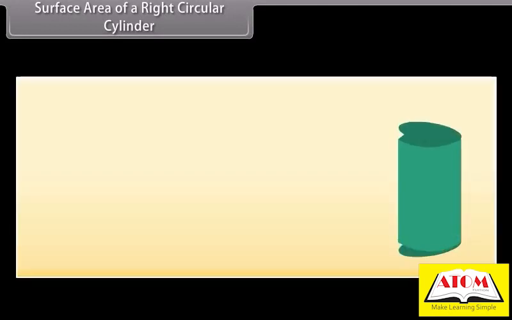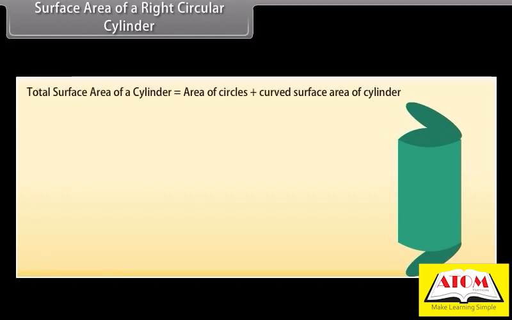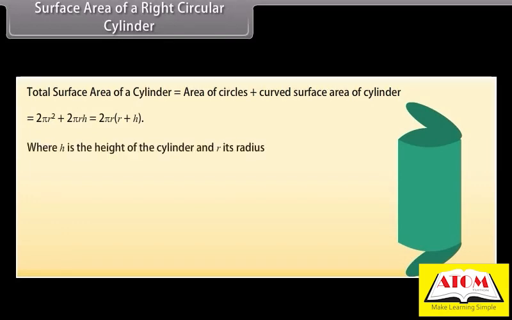And now if we cover the top and the bottom of the cylinder, we get its total surface area. Total surface area of a cylinder is equal to area of circles plus curved surface area of the cylinder. This is equal to 2 pi r square plus 2 pi rh, which is equal to 2 pi r into (r plus h), where h is the height of the cylinder and r its radius.